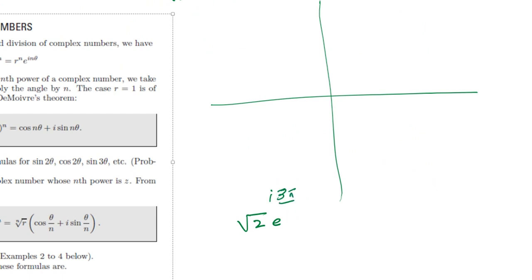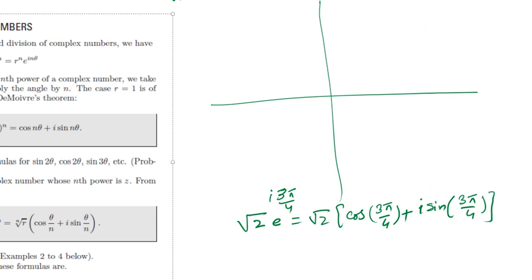So we write square root of 2 times cosine of 3 pi over 4 plus iota sine of 3 pi over 4. And we know that cos of 3 pi over 4 is minus 1 over square root of 2, and sine of 3 pi over 4 is 1 over square root of 2.